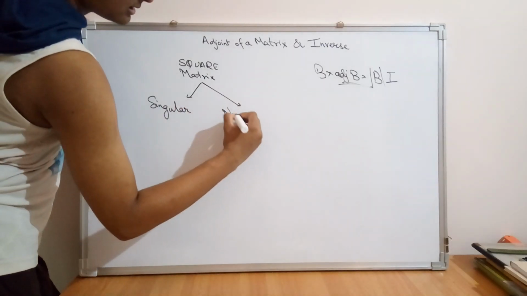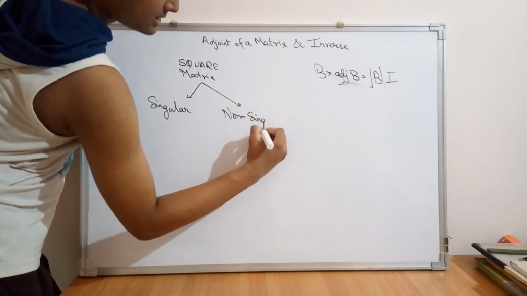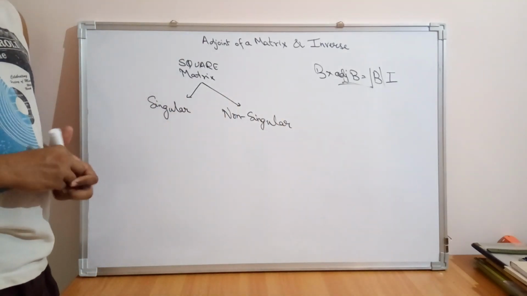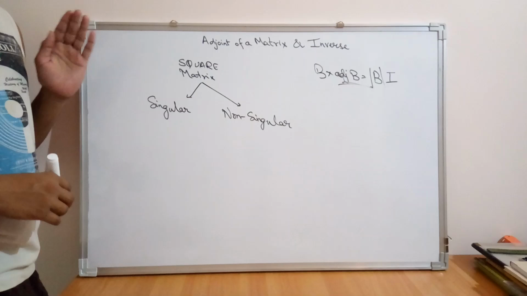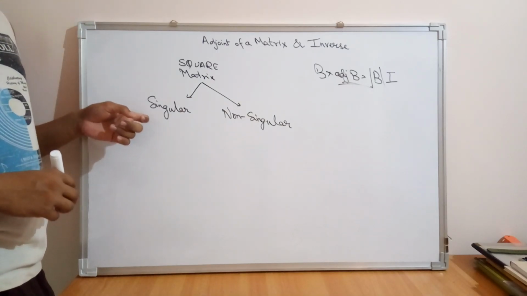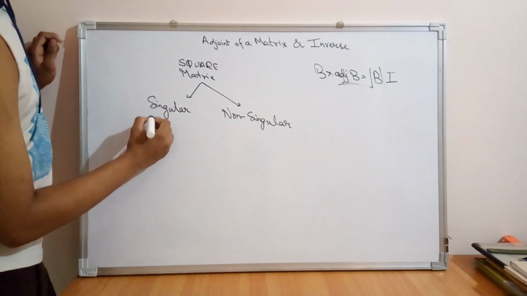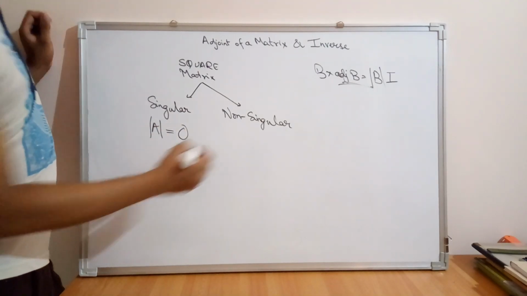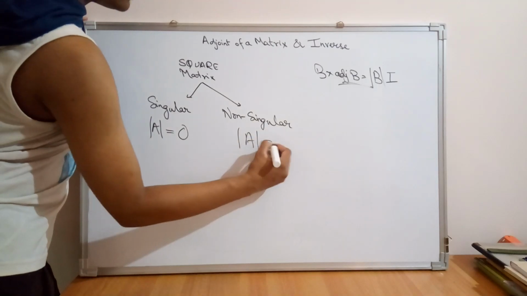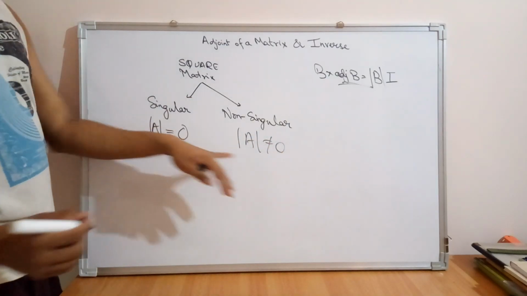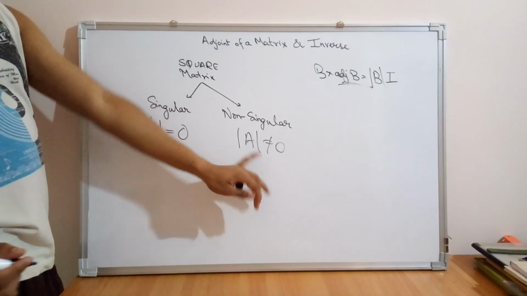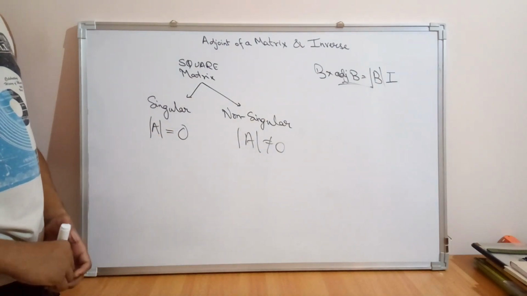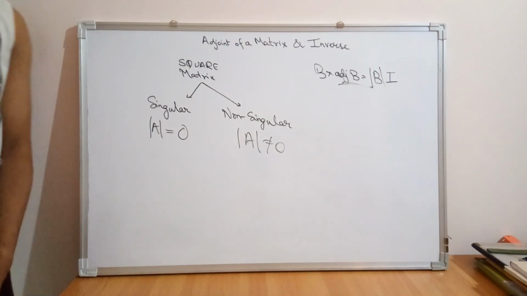What is the meaning here? A square matrix is said to be singular if the determinant value of that is equal to 0. The opposite: if the determinant value of A is not equal to 0, then A is said to be a non-singular matrix. That's all about what is singular and what is non-singular.